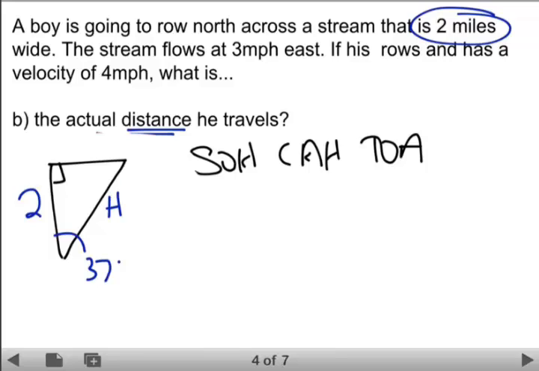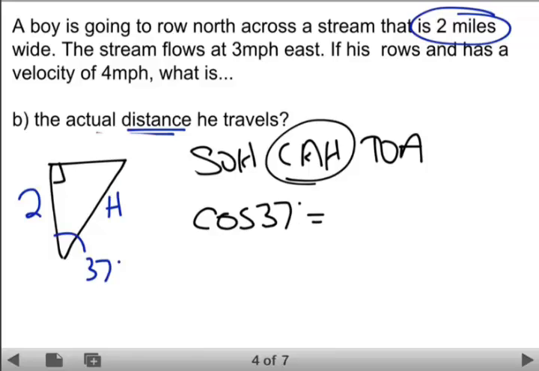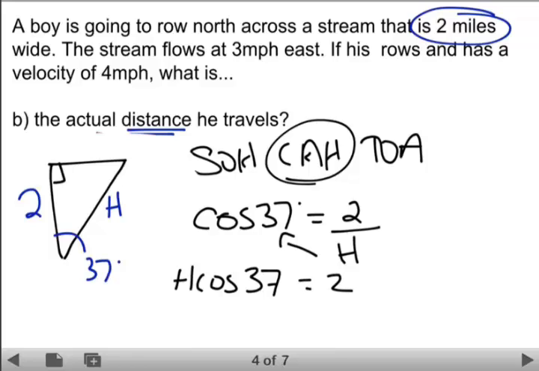So this is a distance triangle. So I have adjacent and hypotenuse, so I'm going to go with CAH. So cosine of 37 degrees is equal to adjacent over hypotenuse. Now we need to solve for that h. So the algebra there, in case it's been a while, it looks like this. So we multiply this guy up, equals 2, then divide by cos 37.